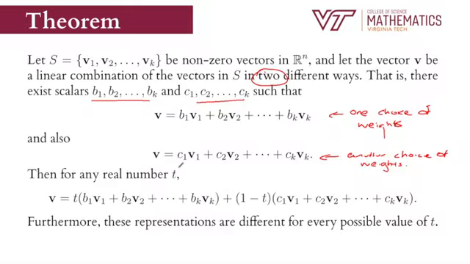I can pick any real number t, multiply the first choice by t, and the second choice by 1 minus t, and add them together. And that will give us a brand new choice of weights.